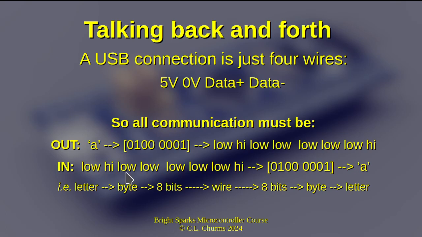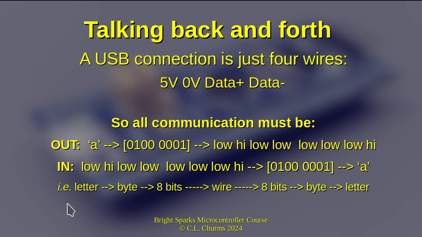Okay, and when it's seen those voltages, it then converts it to binary. It says, okay, all those lows and highs must mean that we have a binary number 01000001, which it looks up in its table and says, okay, that's an A. So from one side to the other side, we have sent the letter A.